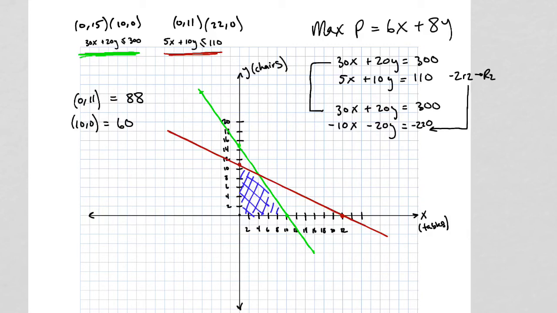So 30x minus 10x gives us 20x. 20y minus 20y gives us 0y. And 300 minus 220 gives us 80. So we're left with 20x equals 80, x equals 4.